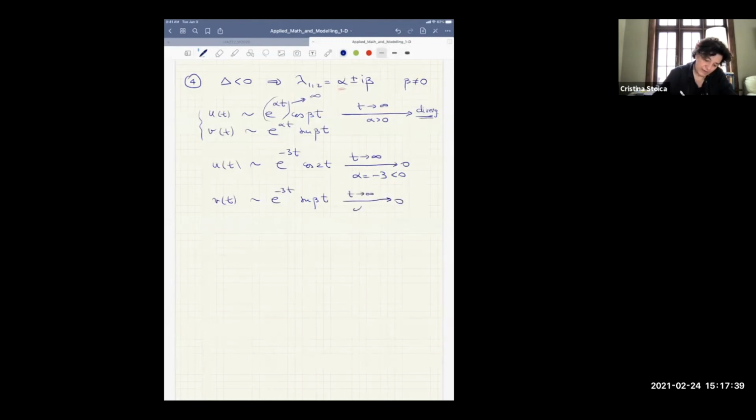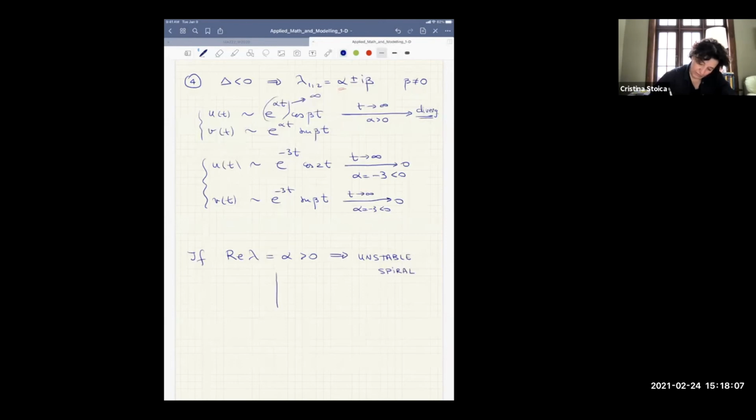So in this respect, we have the following: if the real part of lambda, which is alpha, is positive, then the equilibrium is unstable, okay? And it's an unstable spiral, I think it's called. Okay, and it looks like this.